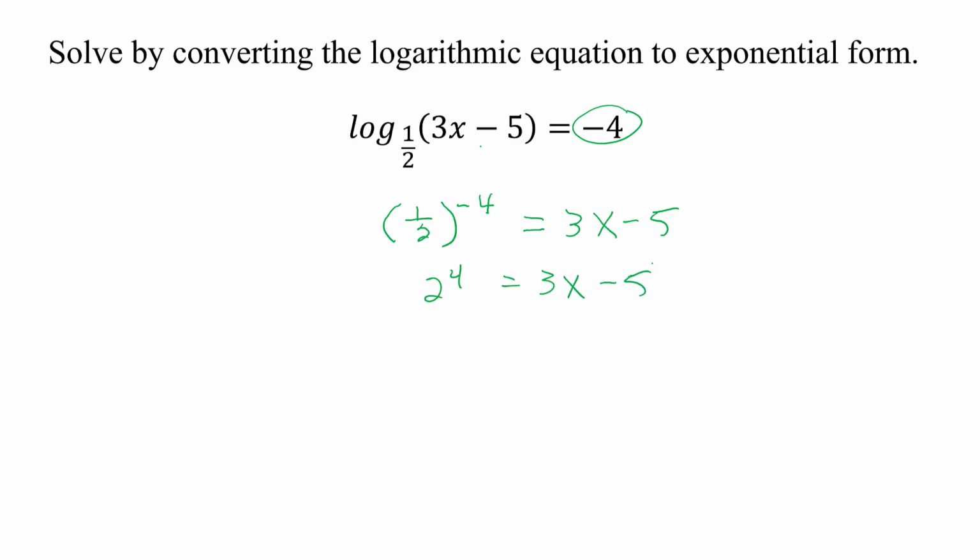And 2 raised to the 4th is 16. So 16 equals 3x minus 5. Adding 5 to each side gives 21 equals 3x, and then dividing through by 3, we get x equals 7 as a solution here.